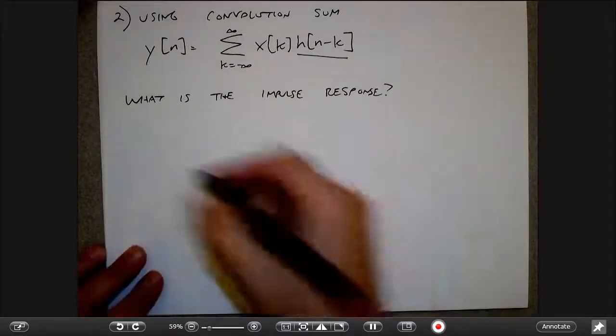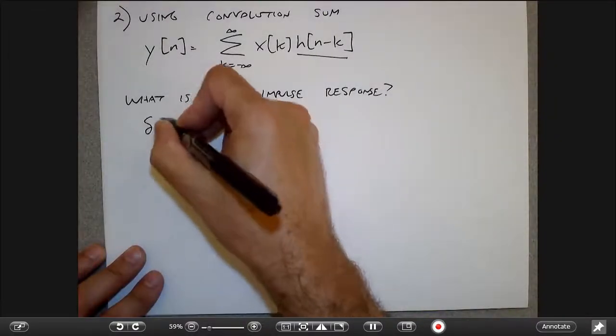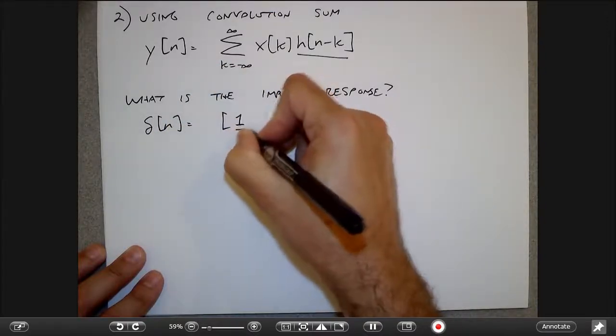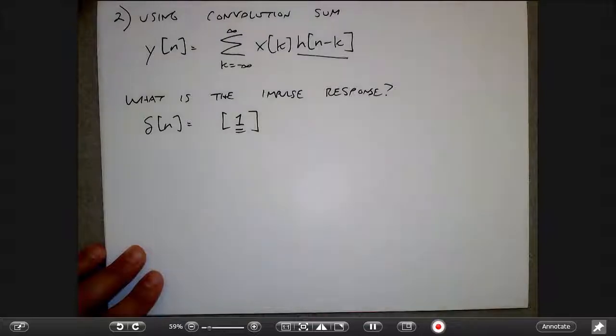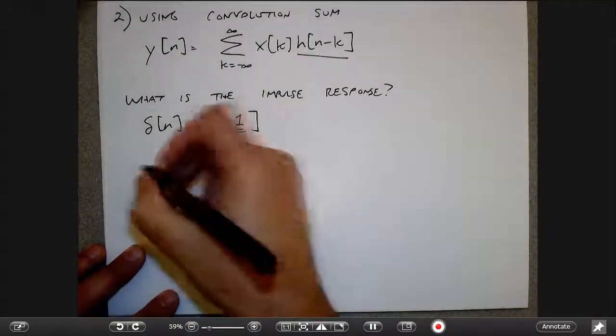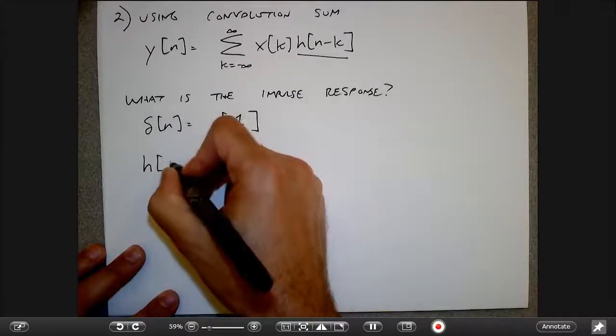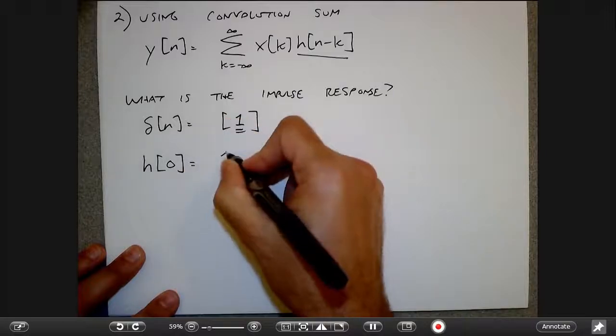So what I would say is, okay, my delta n is basically just like this, right? Nothing else is non-zero. And so what I could figure out is that my h at all the negative values is 0. My h at 0 is going to be 1.